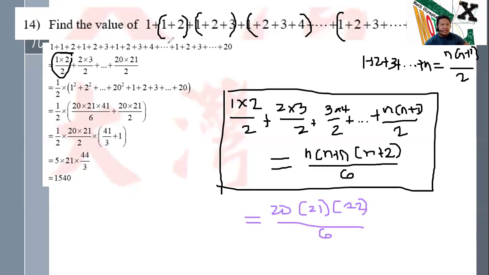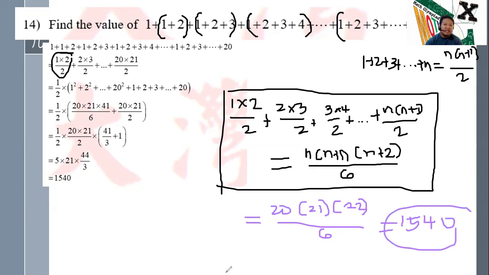That will give us 1,540. And that's the shorter solution.